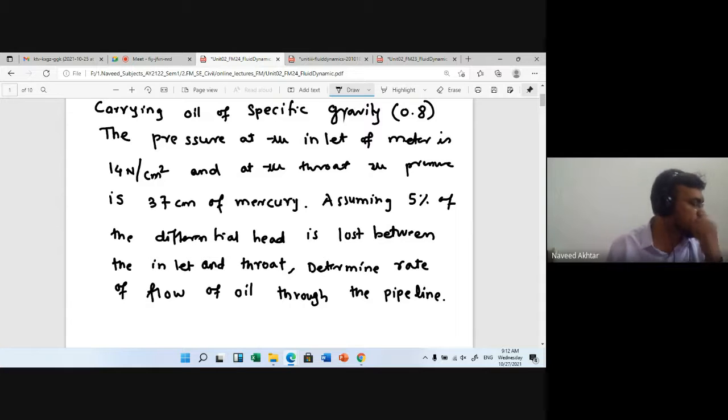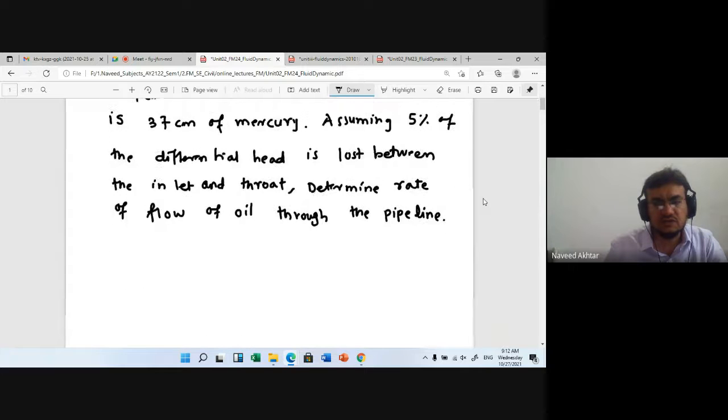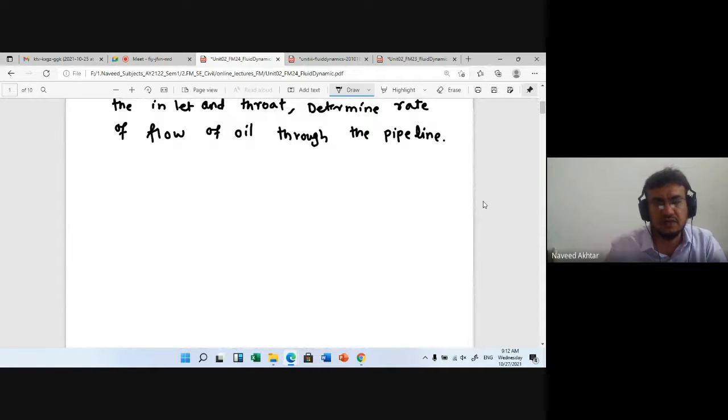Okay, so this horizontal pipeline is given. Write down first the given data in the example.